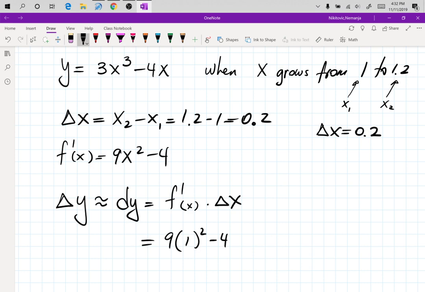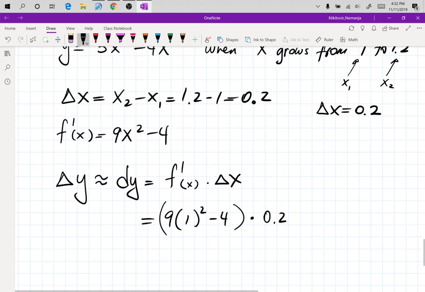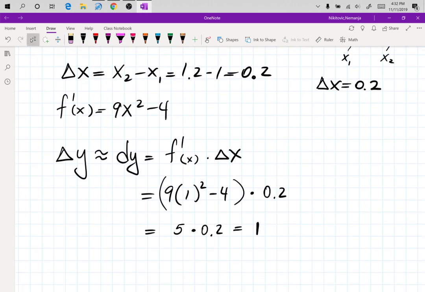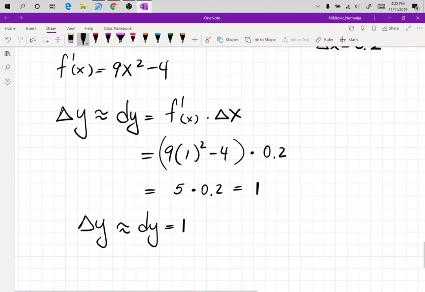You take the initial value there. So all of that was the derivative, times delta x, which is 0.2. 9 minus 4 is 5, times 0.2. And how much is that? Very good. So we just approximated the change in y as x changes from 1 to 1.2, and that was 1.